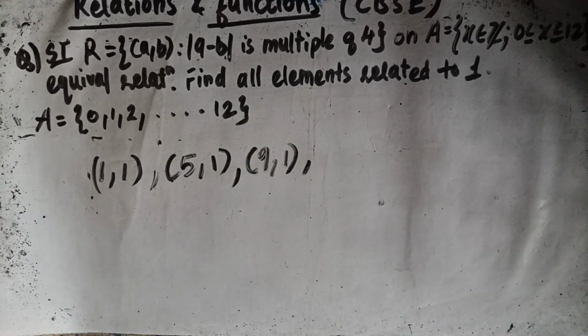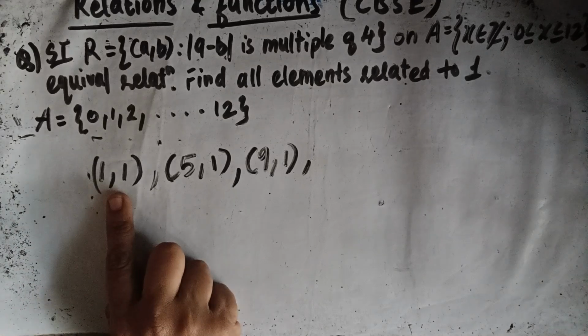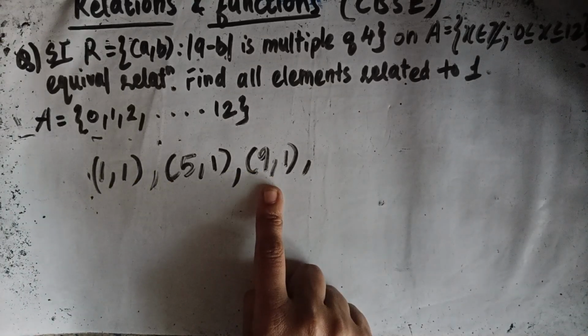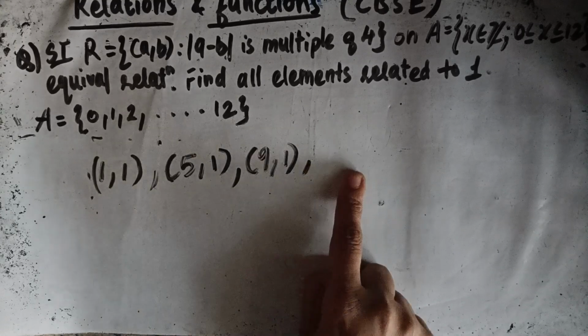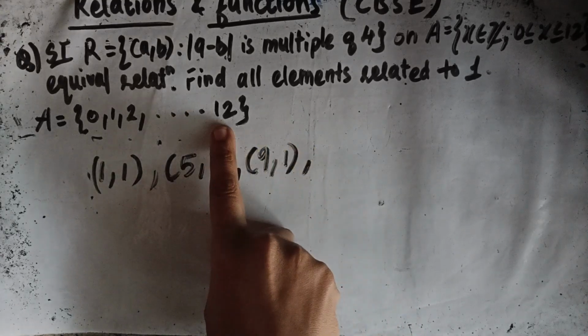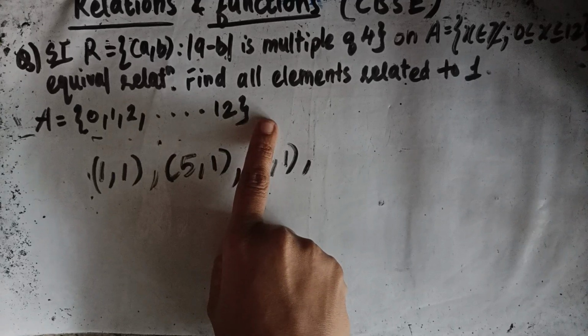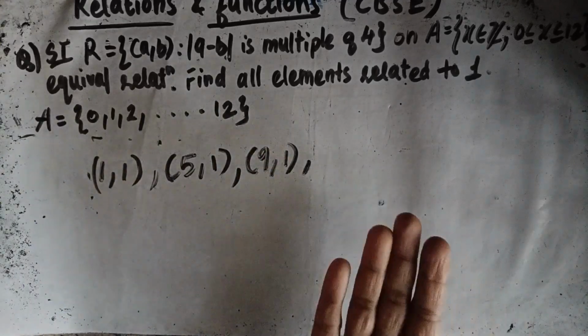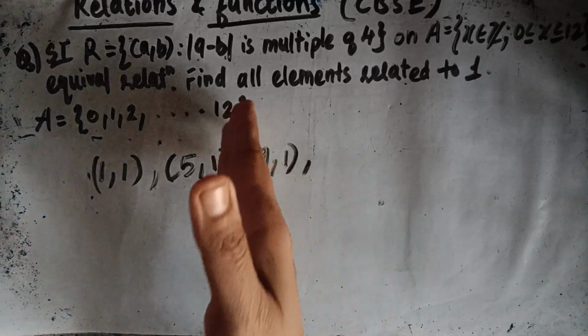Then the next element: 4 ones are 4, 4 twos are 8, 4 threes are 12. Here only the element 12 is there. So 12 minus 1 is 11. If it was 13, 13 minus 1 is 12, but only up to 12 is there.